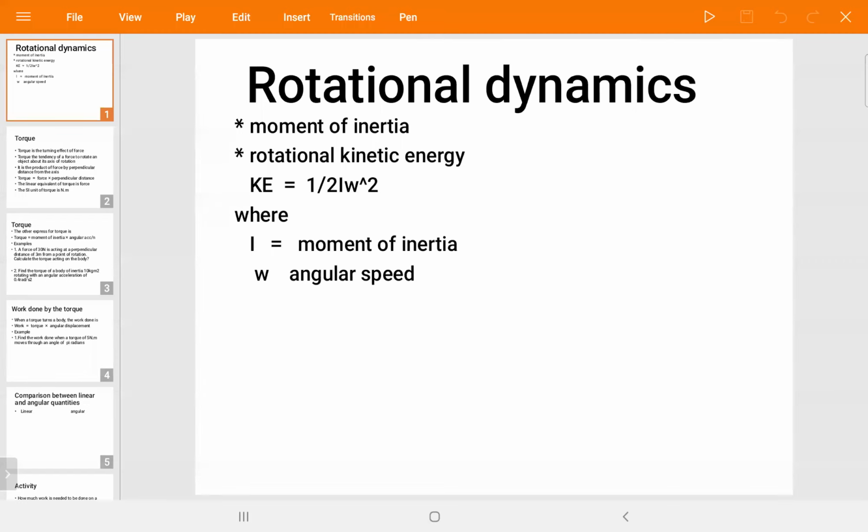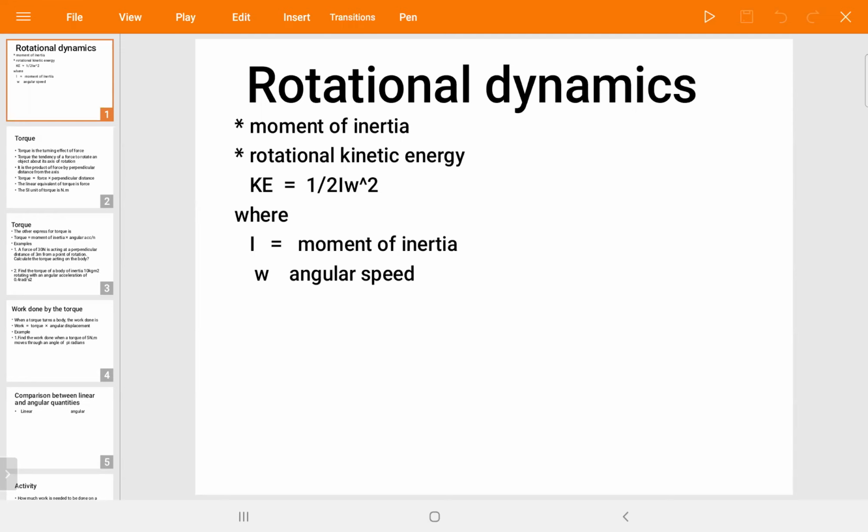Rotational kinetic energy can be obtained by the expression 1/2 I omega square, where I is the moment of inertia of a rotating body and omega is the angular speed or angular velocity. This expression has a number of parameters or factors.